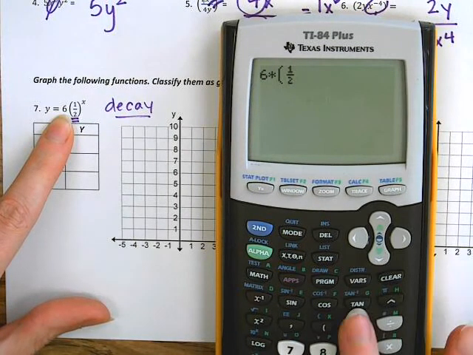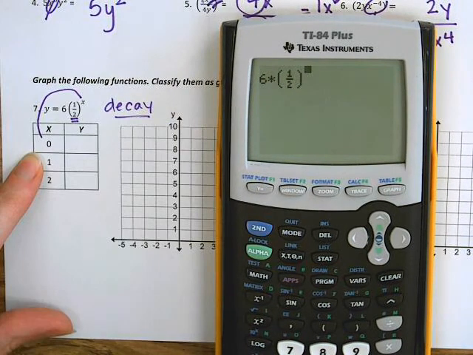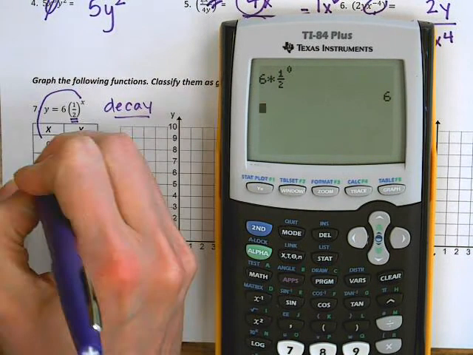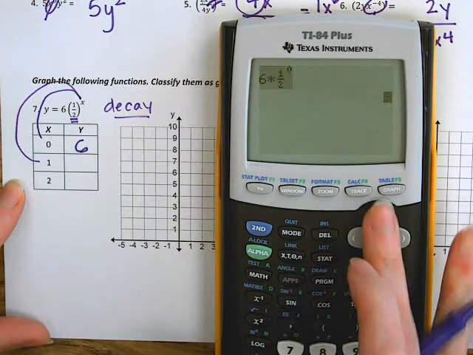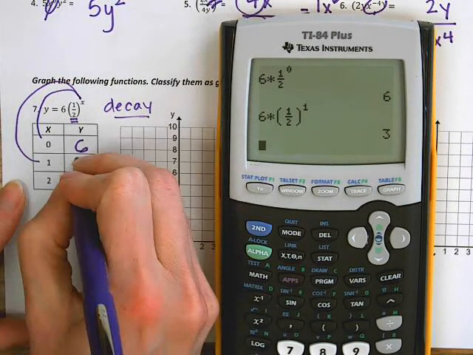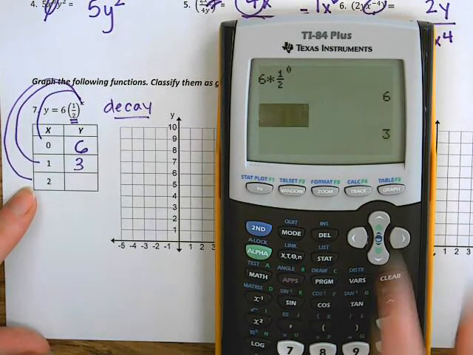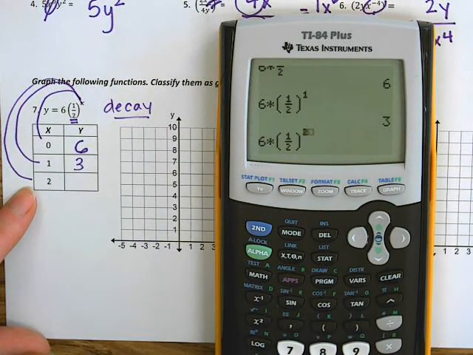1/2 parenthesis. First, we're going to raise it to the 0 power. And that's going to be 6. And then we're going to raise it to the first power. So I'm just going to go up and edit and make the 0 a 1. And that's 3. And then we're going to raise it to the second power. So I'm going to go back and edit and make the 1 a 2.